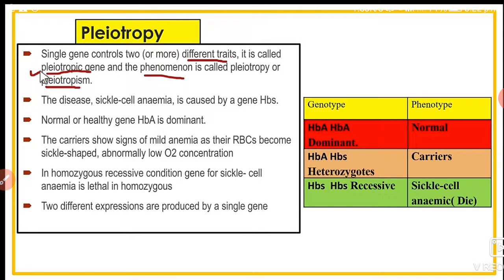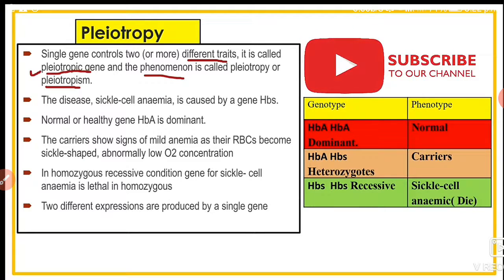For example, sickle cell anemia is the best example, which shows the pleiotropic mechanism. The gene responsible for this disease is the HBS gene.